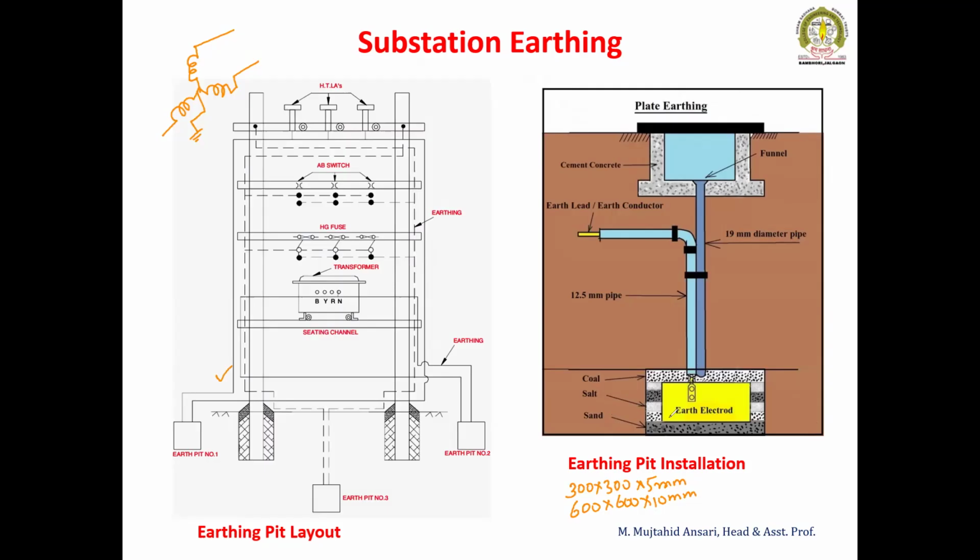The coal and salt hold the moisture level so that the resistance of the earthing pit stays small. One perforated pipe is connected to pour water in the dry season, and it is connected to the earthing plate. So this is the plate type of earthing.